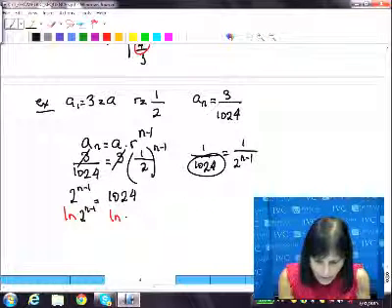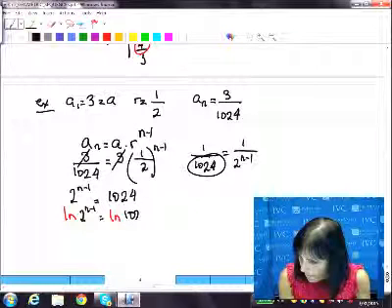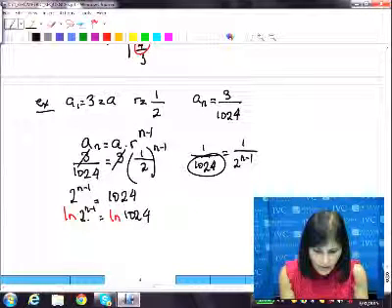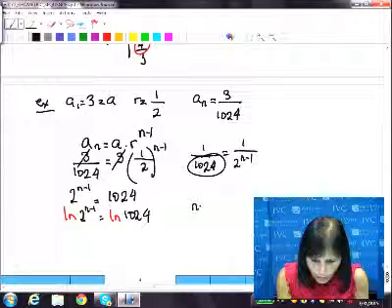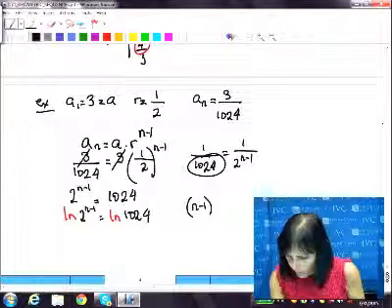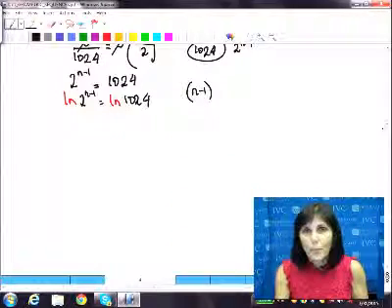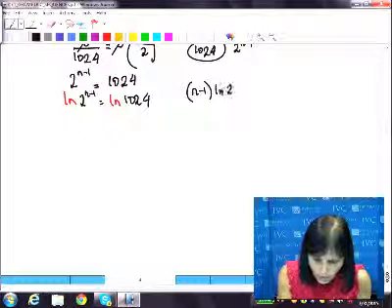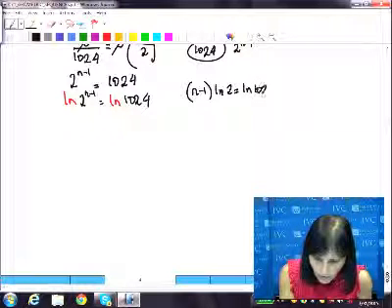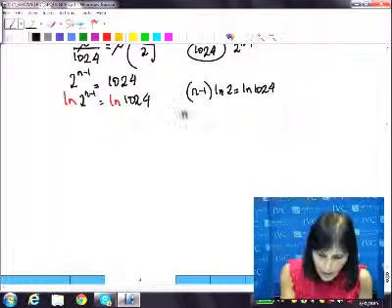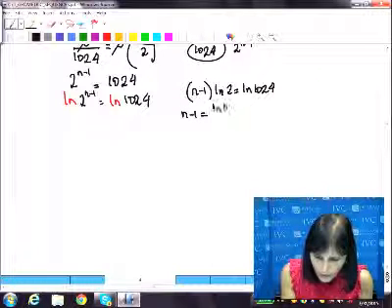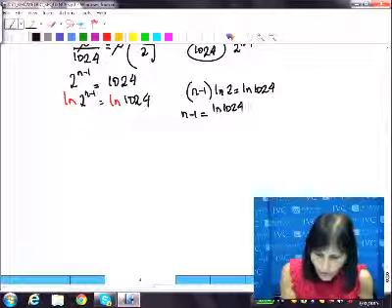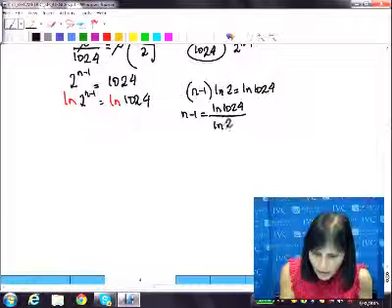I'm complicating it, probably you hate this, but (n-1) ln 2 equals ln 1024. And n minus 1 is simply ln 1024 over ln 2.